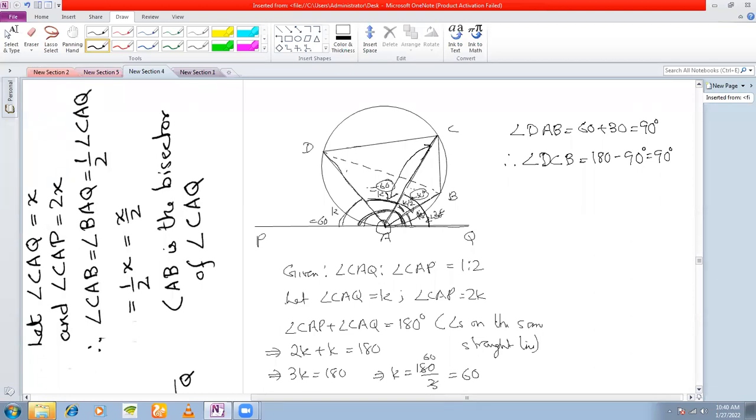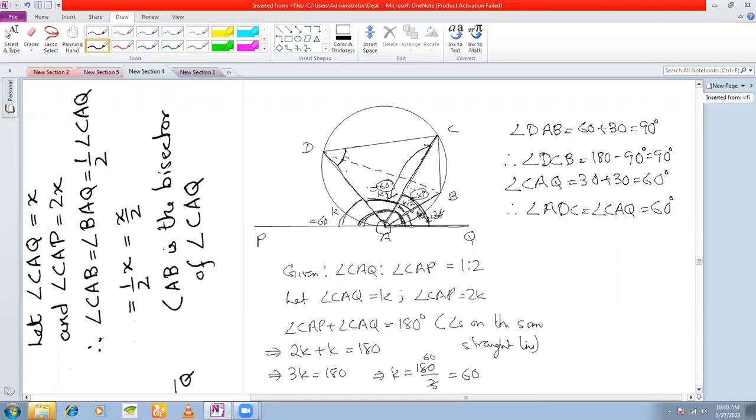And what is this angle? 30 plus 30, right? So angle CAQ is equal to 30 plus 30, which is equal to 60. And this angle is the angle in one segment. What is the angle in the other segment? This one, right? So angle ADC is equal to angle CAQ, which must be 60 degrees, because angles in alternate segments are equal.